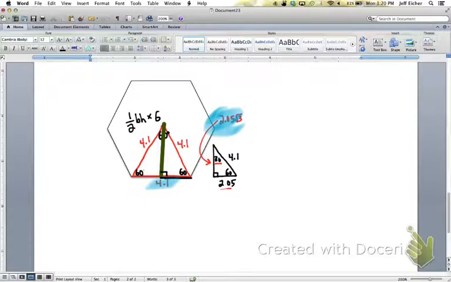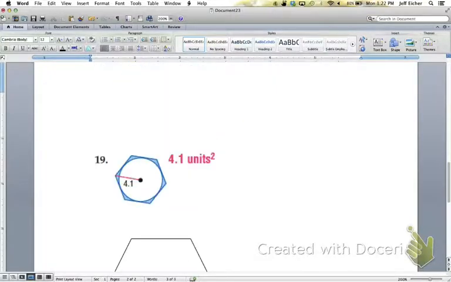Once you have the area of the hexagon, you can come back up and subtract out the area of the circle, which has the given radius 4.1. So find the area of the circle and take the difference. And that should give you, according to the pink answer there, 4.1 units squared.